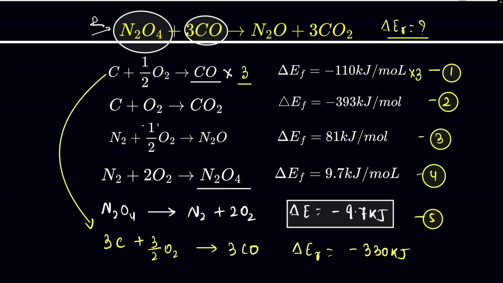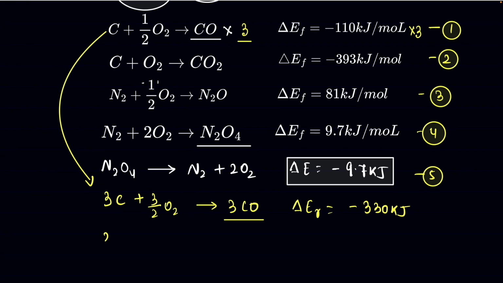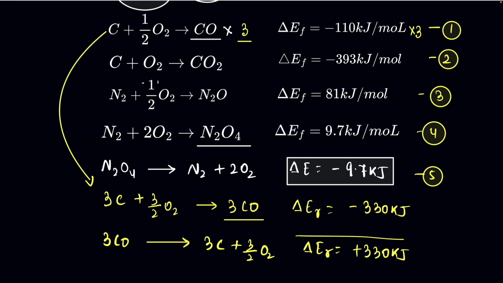But as I said earlier, this carbon monoxide is on the reactant side, so we need to change this position. So we write 3CO forms 3C plus 3 by 2 O2. The energy of the reaction is plus 330 kilojoule. Let's consider this as reaction number 6.